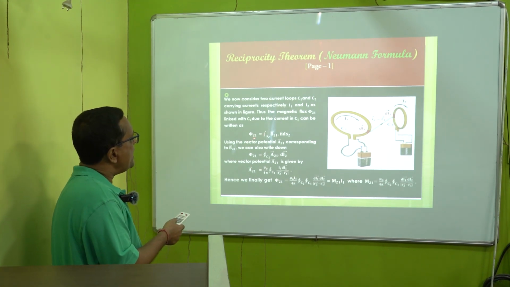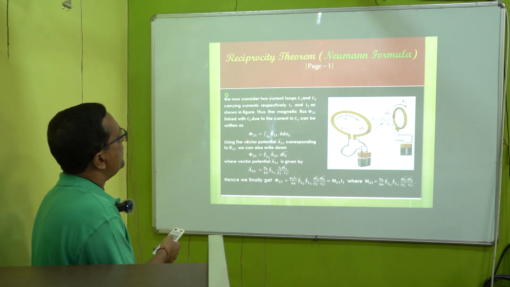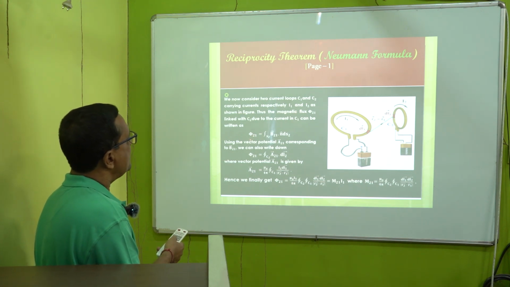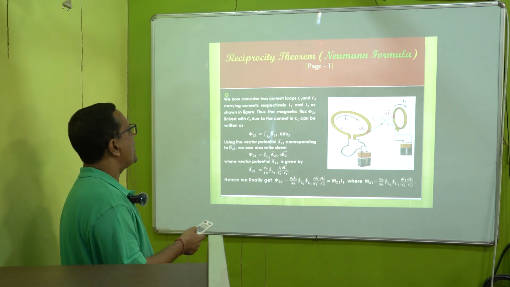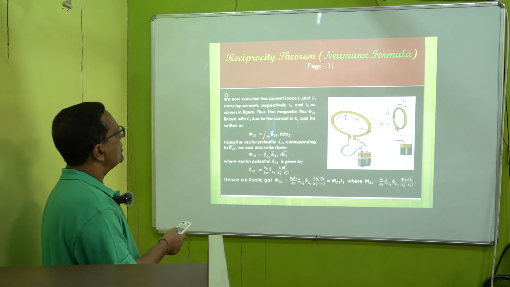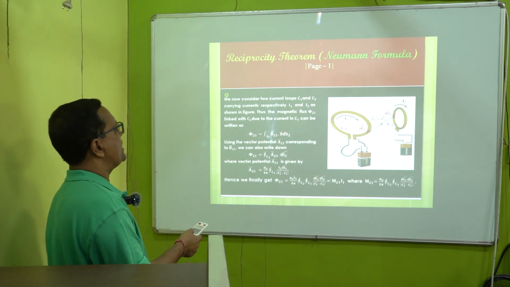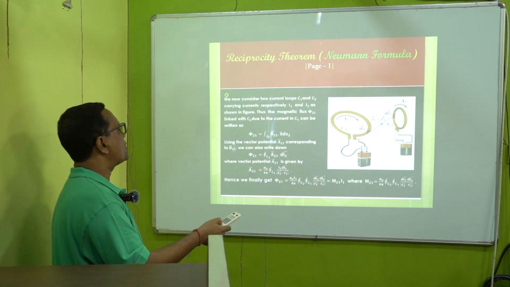Here you see that if phi21 is the flux linked for mutual effect in coil C2 due to coil C1, then this is the surface integration of B dot n dS over the surface S2 enclosed by the coil C2.